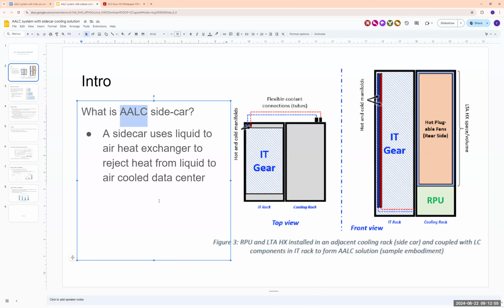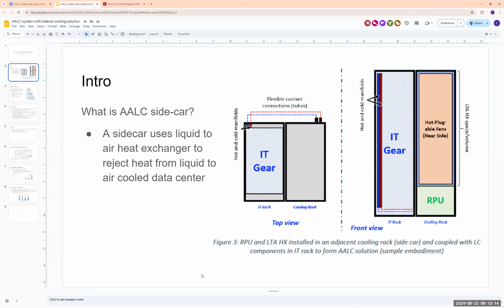So this representation explains the air-assisted sidecar. But I think an isometric view would be a lot easier to understand what we're actually looking at. Yeah, which means we need a 3D diagram or some kind of picture.